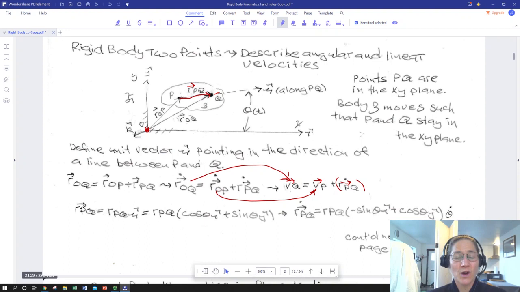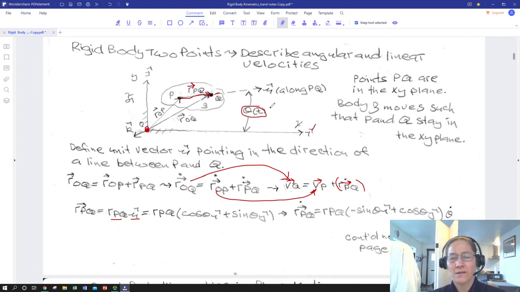So let's just rewrite the vector PQ as its length times its unit direction. So I can write u hat as just cosine theta I plus sine theta j. So we've made a relationship between this angle and the unit vectors of our F reference frame. And then we just multiply by the length of the vector.